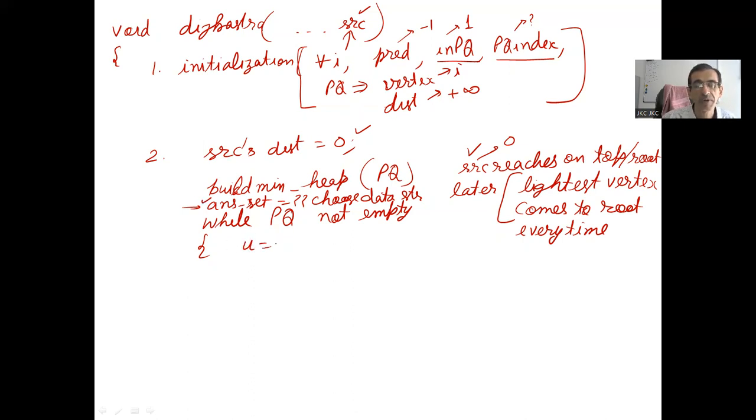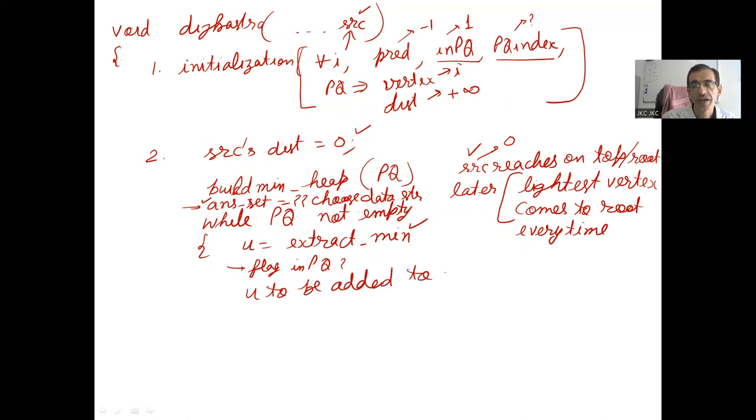So obviously first time I have to do is extract min, and that I call as U. So vertex U is selected, and accordingly whatever flags in PQ etc. you have to check, and U to be added to answer set. Whatever way you want to store your answer set, add it there. Whatever, all those you have to do, you will do obviously.